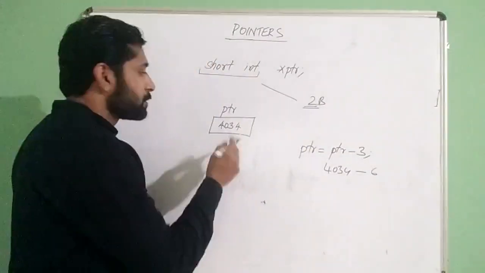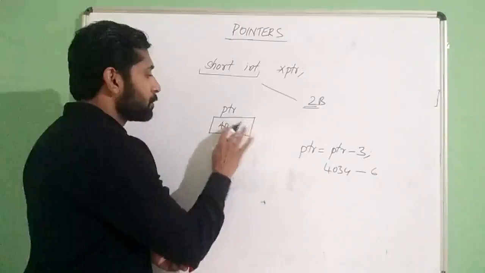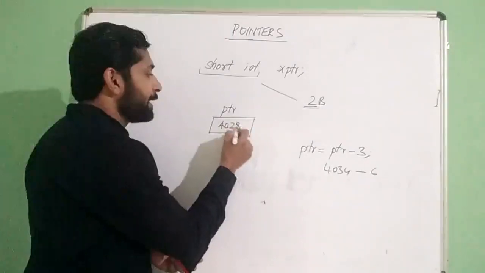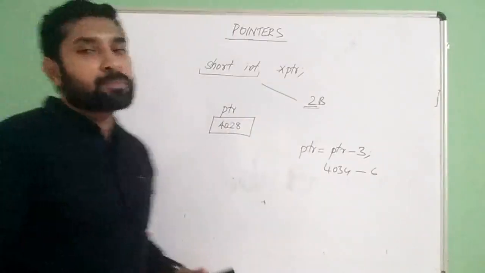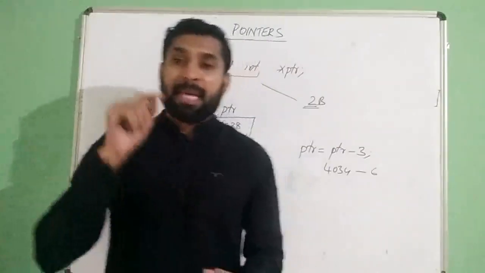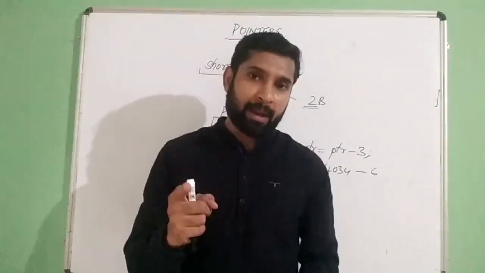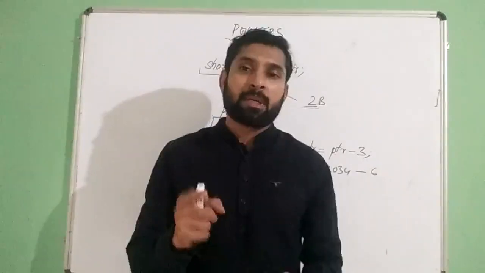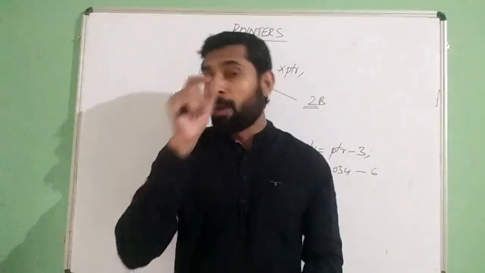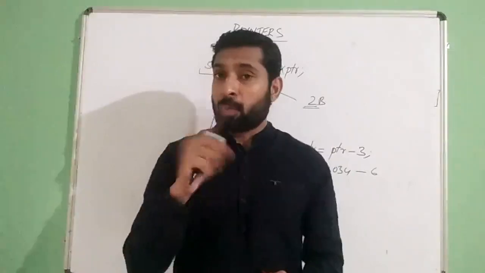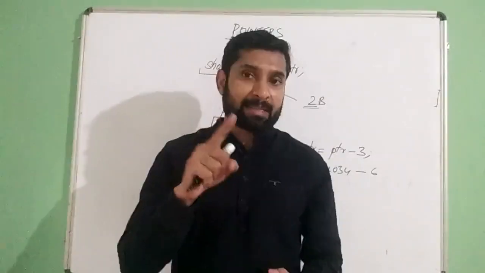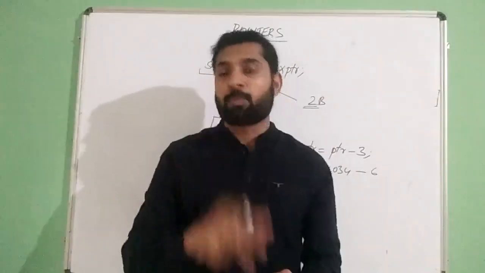So it becomes 4028. So adding a 1 to a pointer will add the number of bytes required for the data type of that pointer.